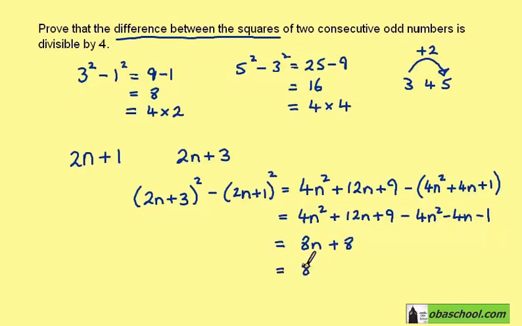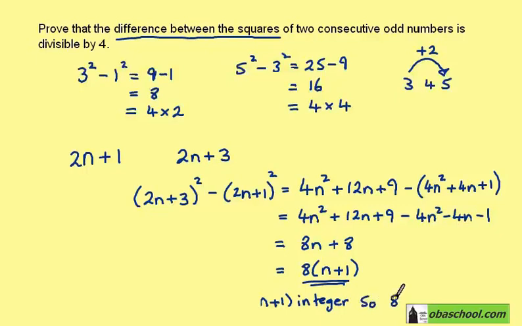We have a common factor of 8, open bracket, n plus 1. We know that n plus 1 is an integer, since n was an integer.